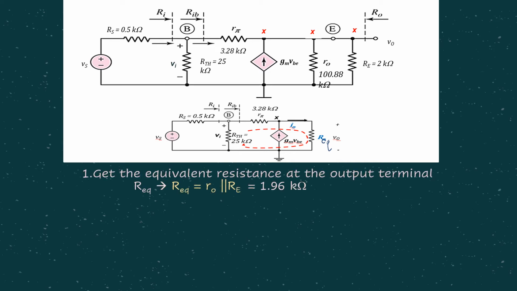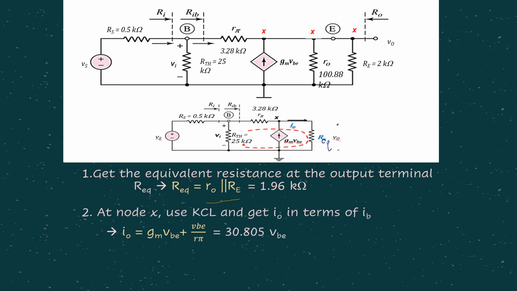So for the first step, remember I was saying we need to find REQ, basically the simplified version of resistance at the output side. In this particular case, it is given by R0 in parallel to RE. Then step number 2, we need to consider KCL to get I0 in terms of VBE. In this case, I0 equals whatever current is flowing here, at point X, we do KCL, plus whatever current is flowing through the R pi.